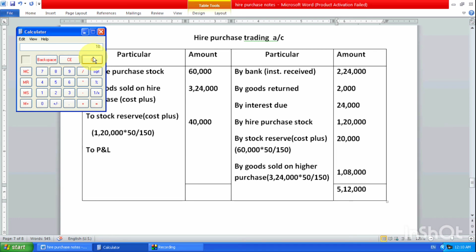So overall 4,98,000. We are getting 4,98,000. Okay, so we have transferred completely.